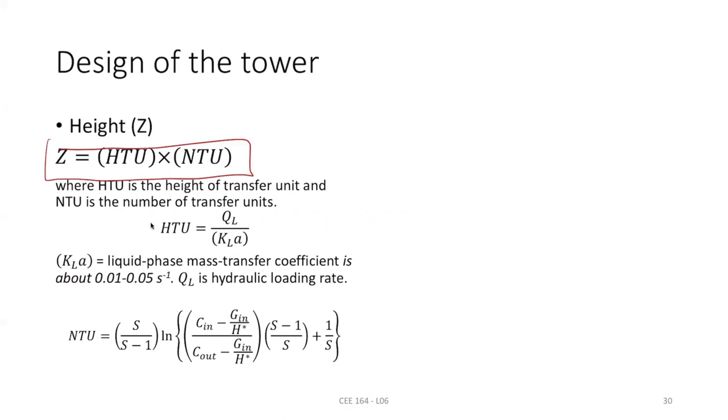HTU is the height of a transfer unit. Imagine you have an imaginary one unit, think of one bubble as one unit. Or in the entire stripping tower, you are packing small beads, right? In the handouts, you can see that there are different shapes of these beads that you pack. The idea of these beads is that the higher the surface area, as the water flows across it, it exchanges with, or is in contact with, more air.